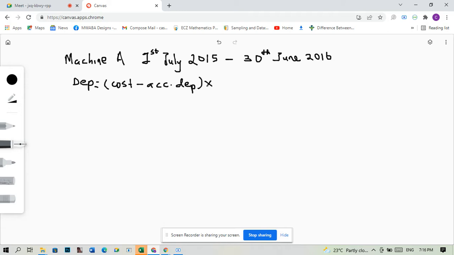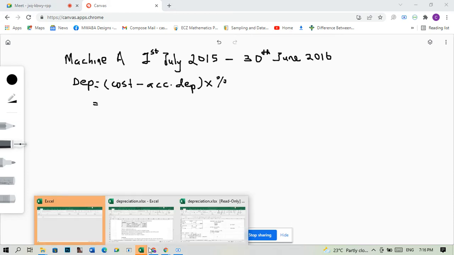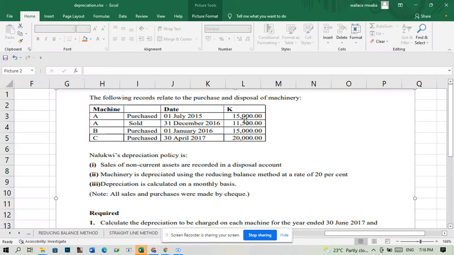In this case, it's 20%. So the cost of this machine was 15,000. If we refer to our table here, we'll see that the cost is 15,000 for machine A.